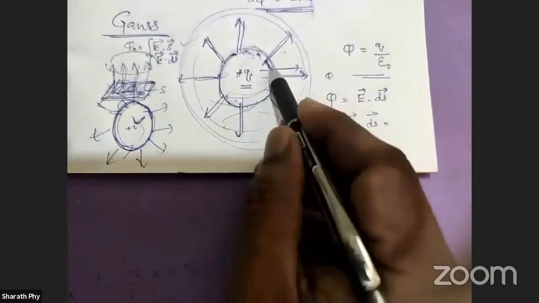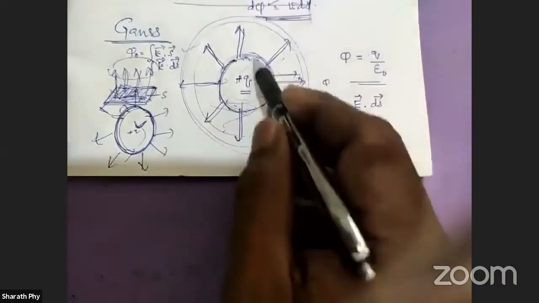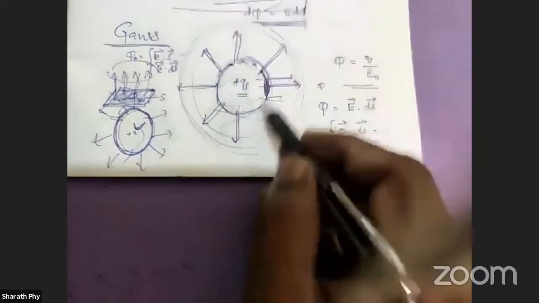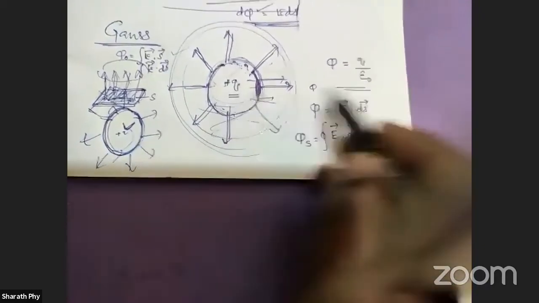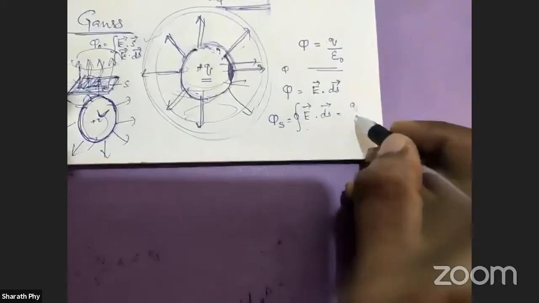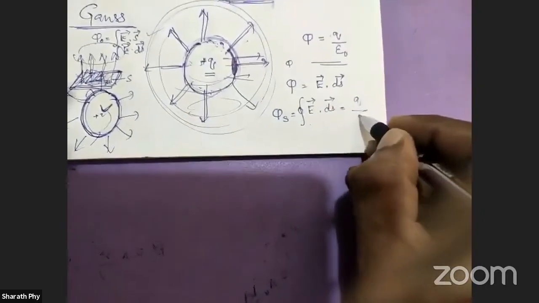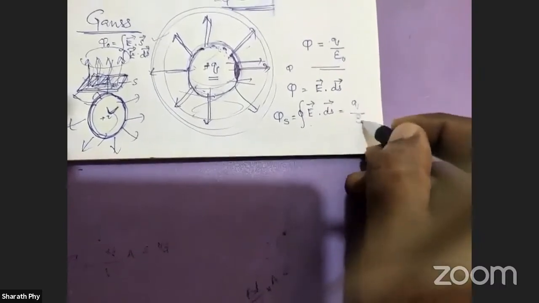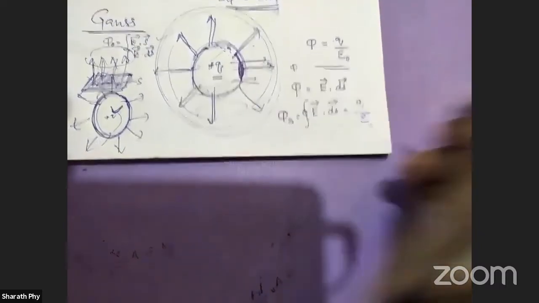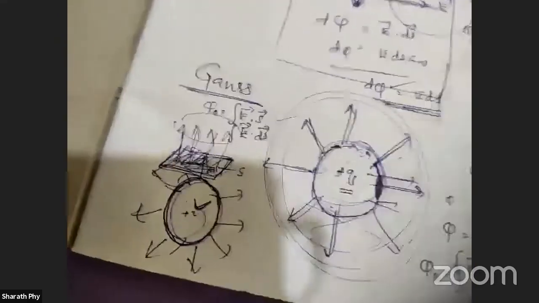Whenever a charge is enclosed in a closed surface, the flux linked with this surface enclosed by charge Q is the charge divided by the permittivity of the medium. Here we have taken air, so this is the permittivity of the medium.